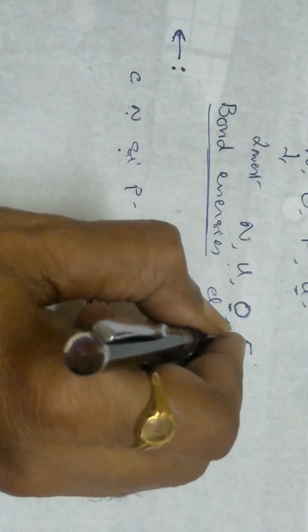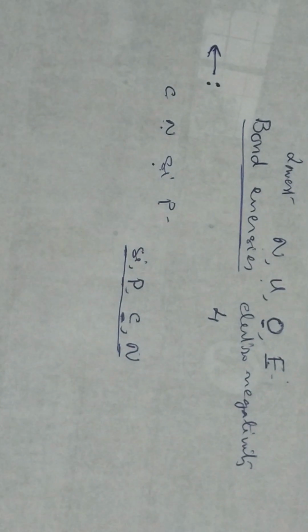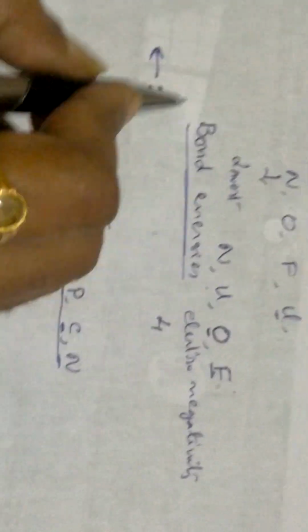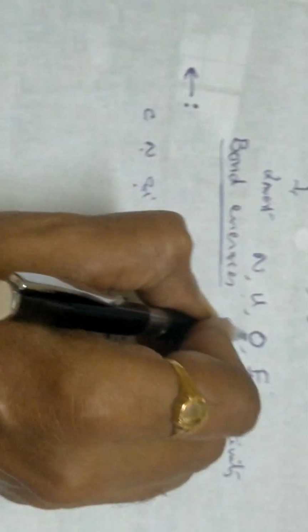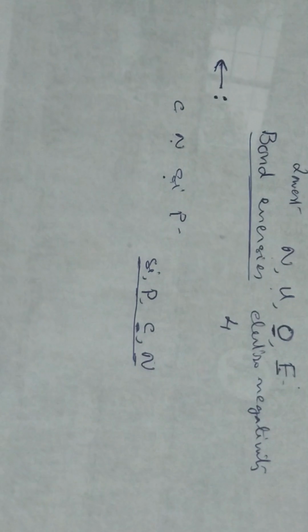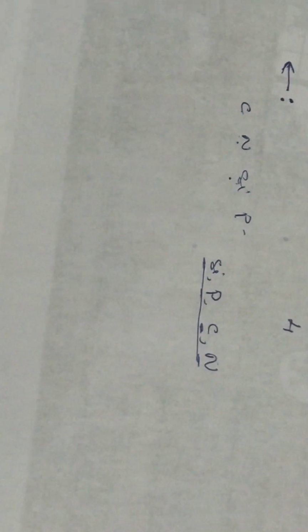Now, the highest electronegativity atom is fluorine. Then what is the second one? Hydrogen is 2.1, that is the base. Remember, oxygen is the next.